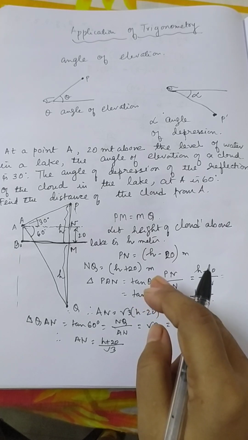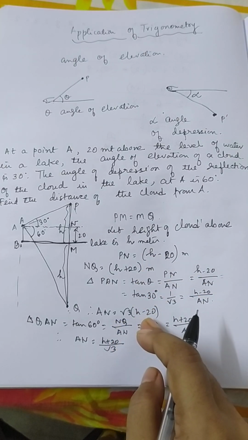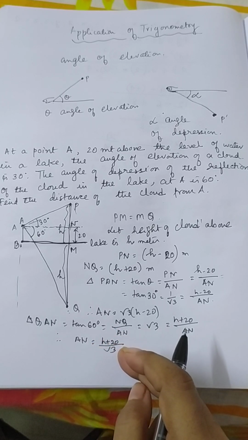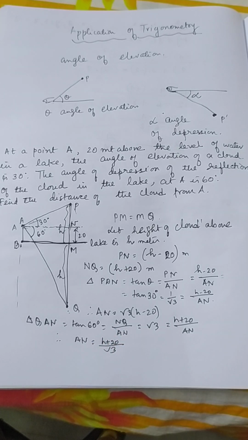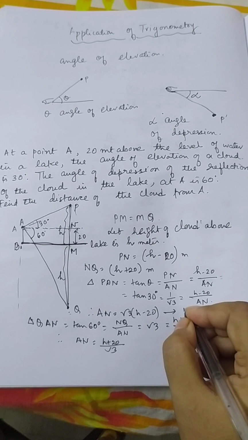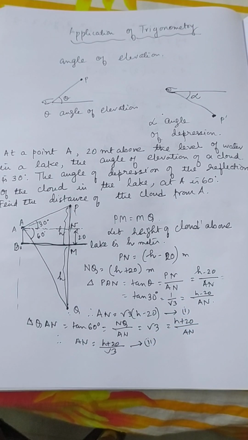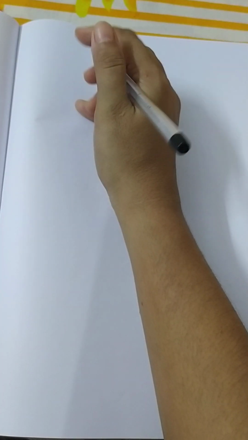Now we have found AN is equal to root 3 into h minus 20, and AN equals h plus 20 by root 3. So if I equate these two relations, what will we get?